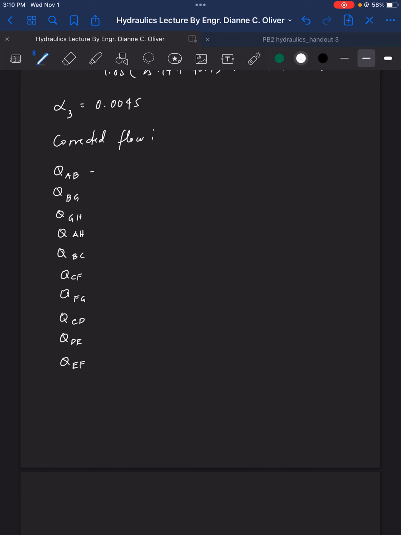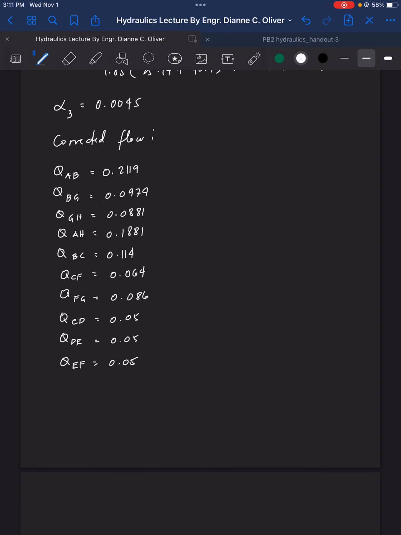And the values here for the flow that we corrected: 0.2119, 0.0979, 0.0881, 0.1881, 0.114, 0.064, 0.086, 0.05, 0.05, then 0.05.